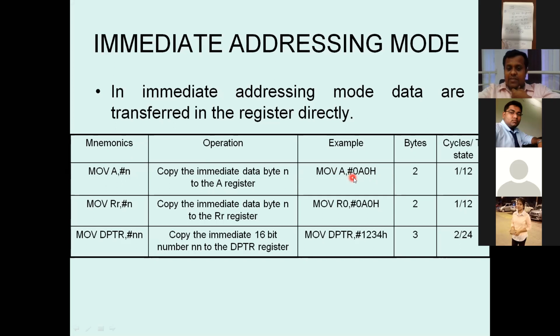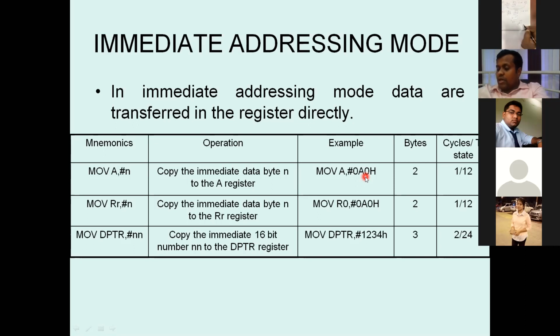Now the question is, just see, there is a 0 before A0. Why? Remember one thing in 8051: whenever any number starts with A to F, a 0 should be put before it. If it is 30, it is 30. If it is 50, it is 50. But if it is A0, then it should be 0A0. Why?